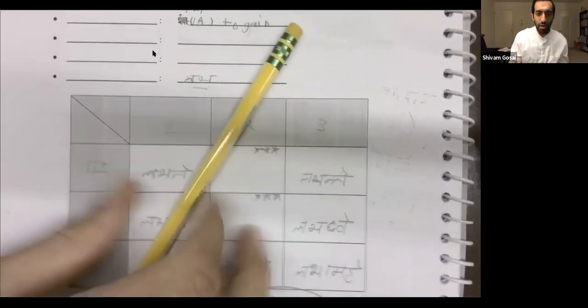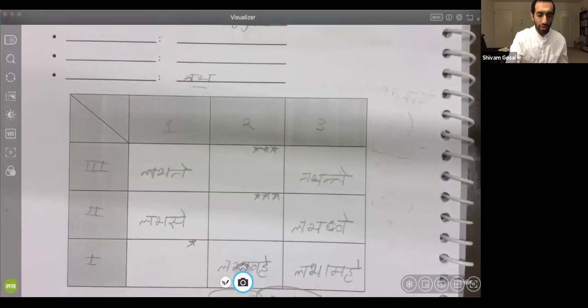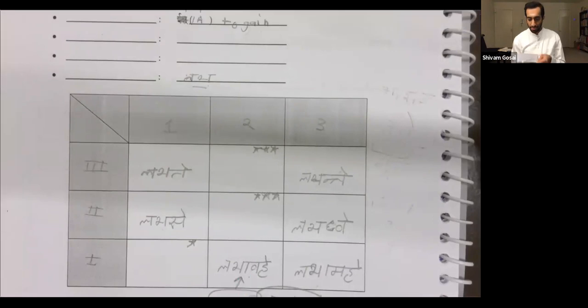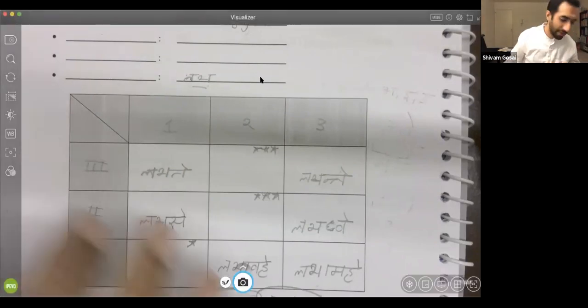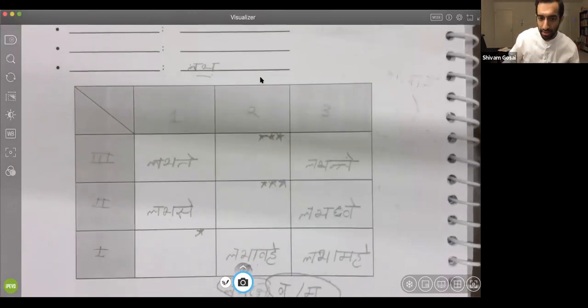At the same time, you can open your volume 1 textbook to page 38 to have the suffixes in front of you. You'll have these suffixes, te, ite, ante. Let me know if you can't see very clearly or need anything to be bigger.